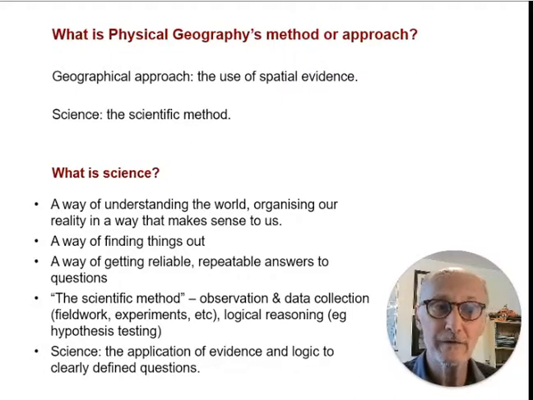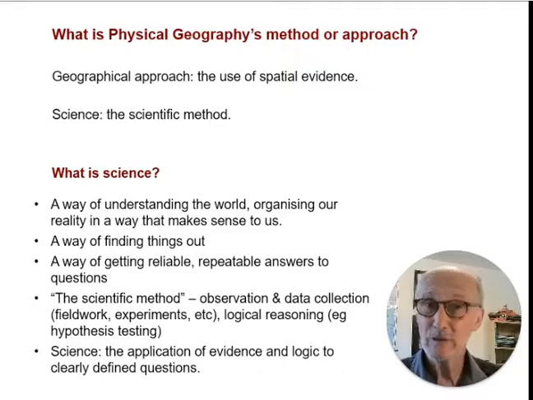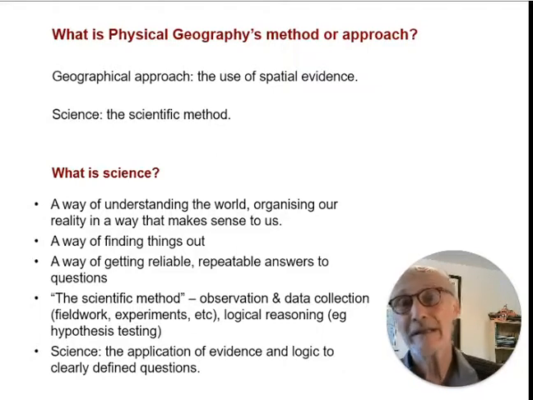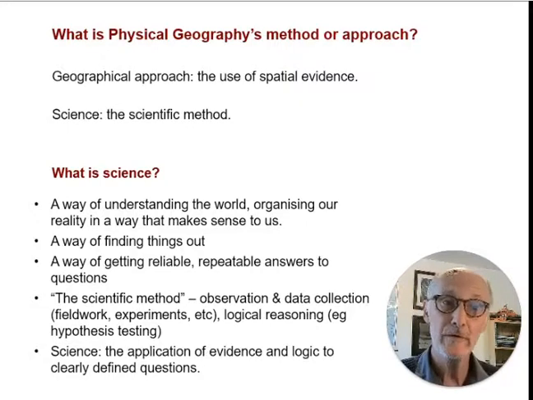So we've got observation, we've got data collection. And then we add to that logical reasoning. For example, the idea of hypothesis testing, which is coming up with an idea and then checking whether it can logically be valid or not, given the evidence that we've collected from fieldwork or lab work. That's an example of logical reasoning that leads us to a conclusion.